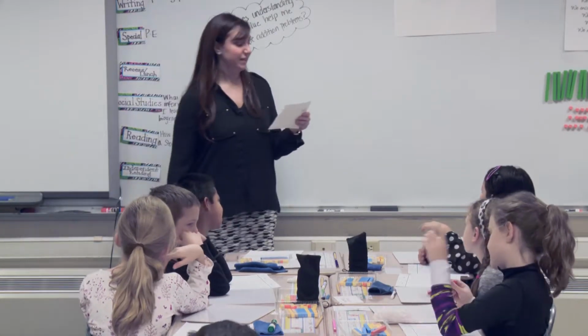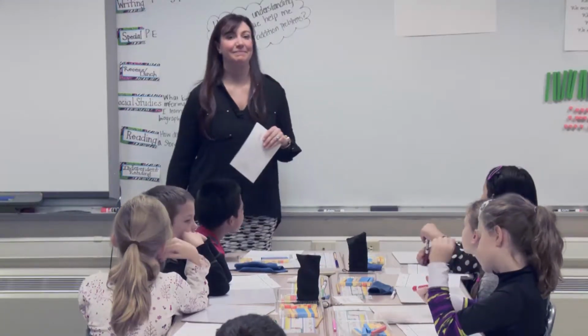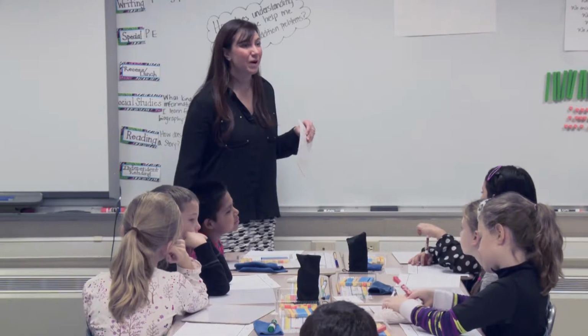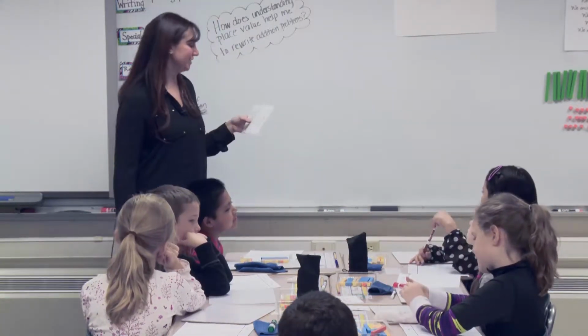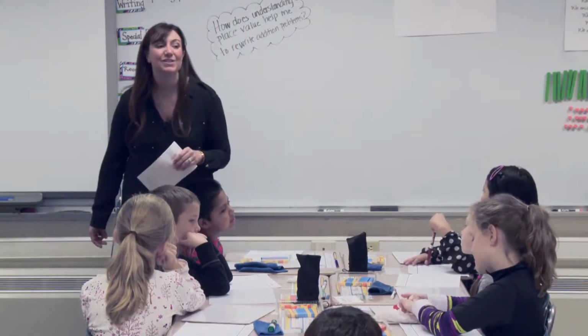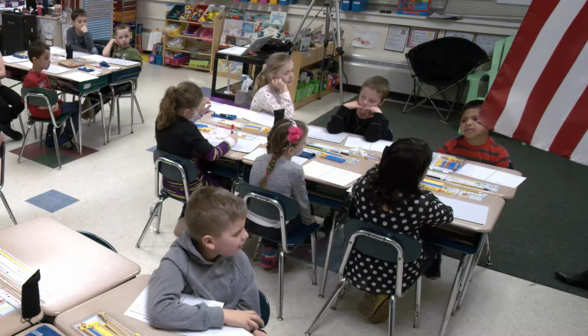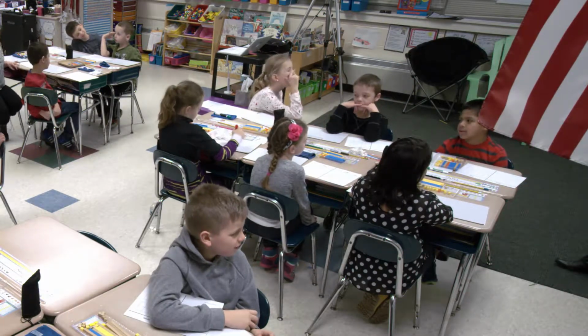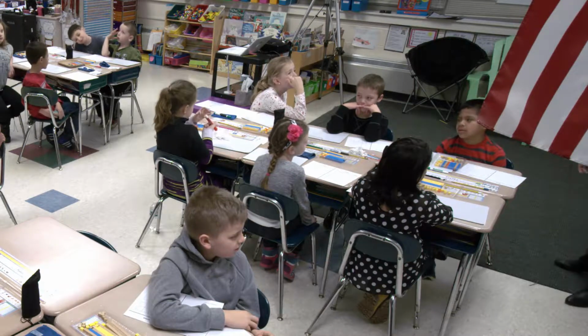Excellent. 6 plus 6. 12. 1 ten, 2 ones. Excellent. 8 plus 4. 12. 1 ten, 2 ones. Excellent. That's going to help you with what we're doing today if we have to regroup.